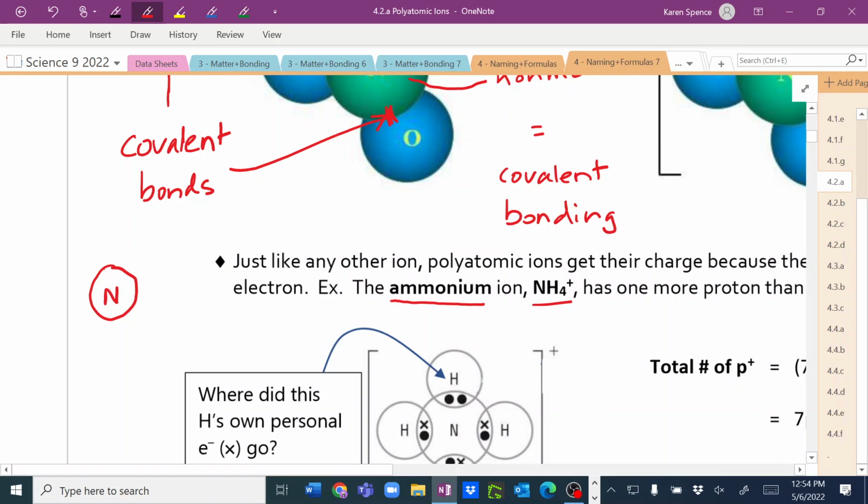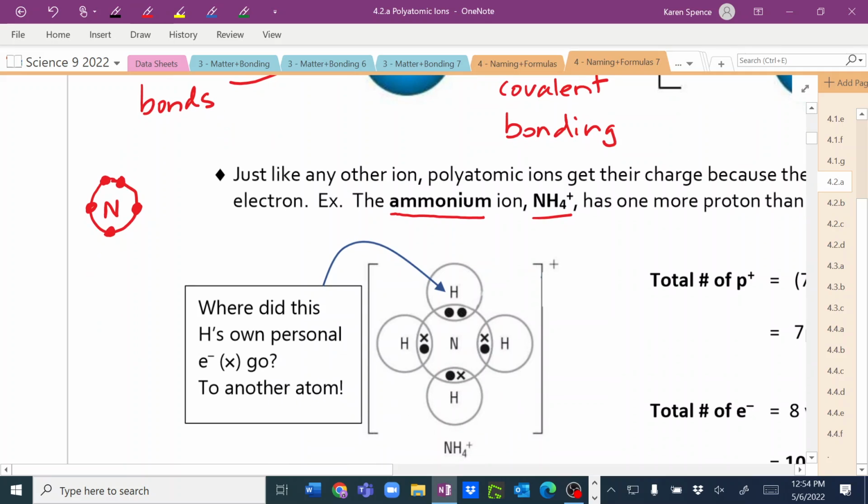It has 5. 1, 2, 3, 4, 5. How many hydrogens are in the ammonium ion? 4 of them. So we're going to have hydrogen, hydrogen, hydrogen, hydrogen. And each hydrogen has only one electron, yes?